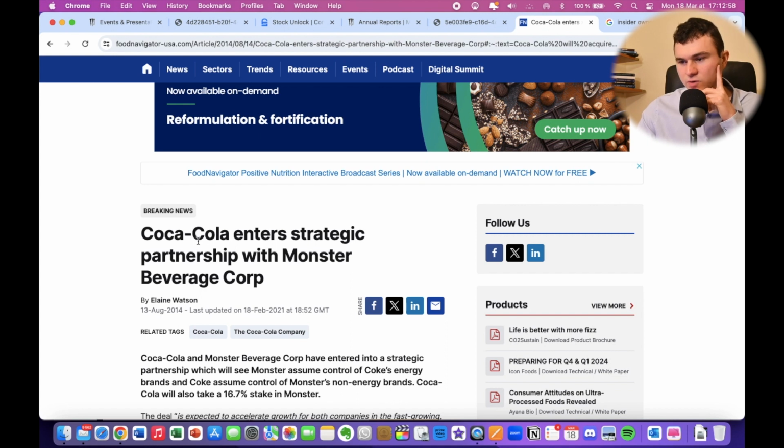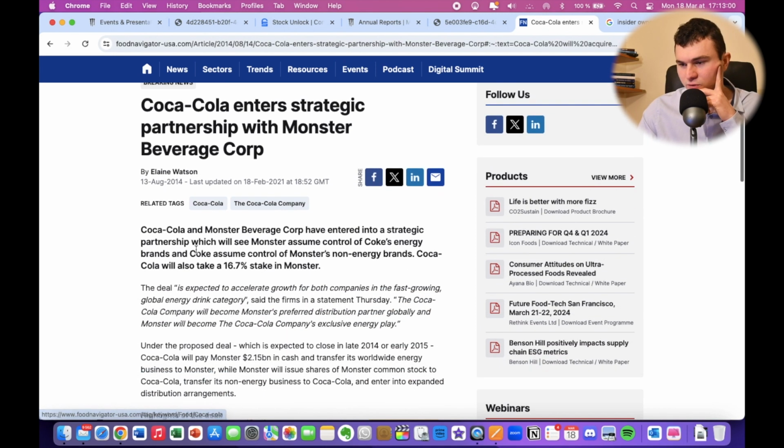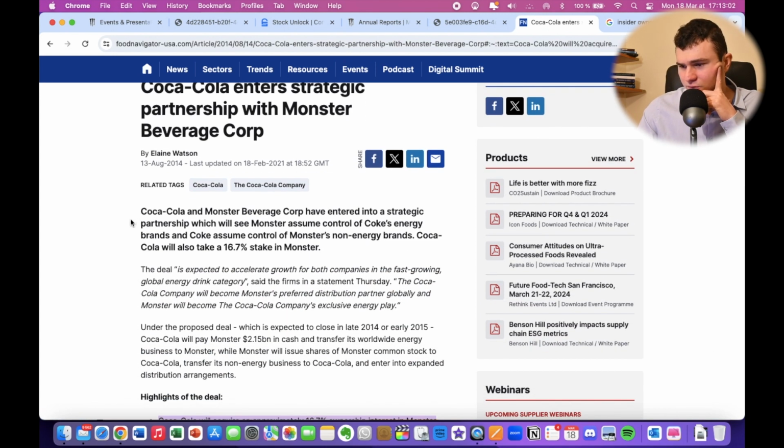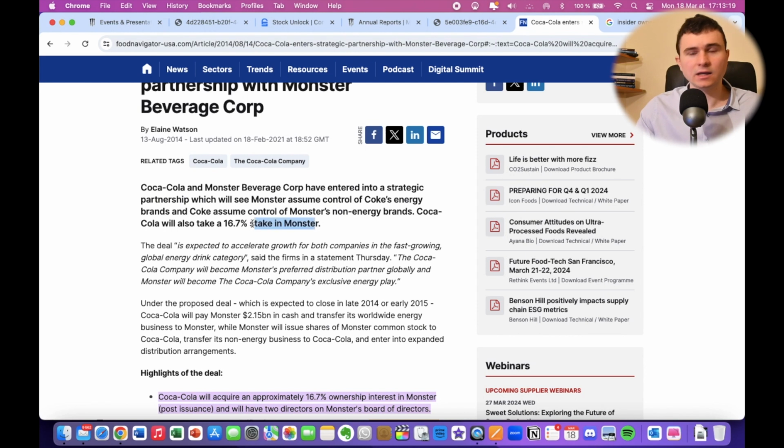Coca-Cola enters strategic partnership with Monster Beverage Corp. Having entered into a strategic partnership, we will see Monster assume control of Coke's energy brands. Okay, so more brands, and Coke assumes control of Monster's non-energy brands. Okay, and they have a big stake, as we've seen. Okay, this deal is expected to accelerate growth for both companies.